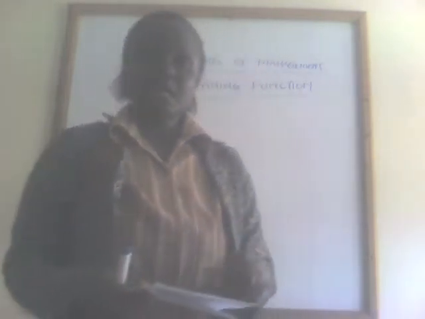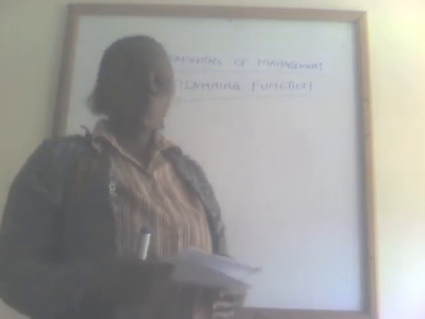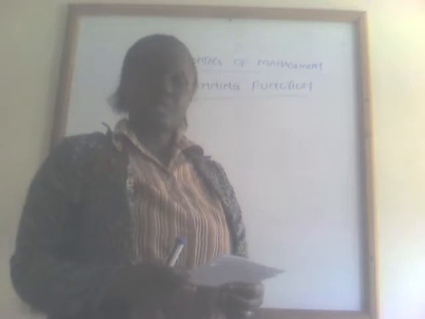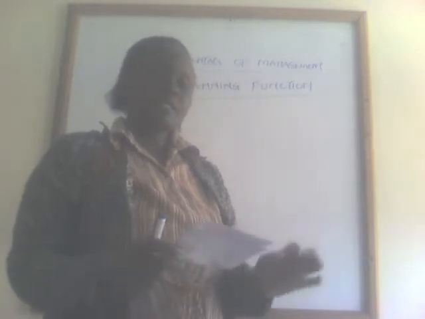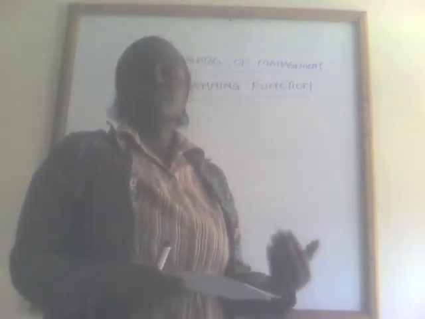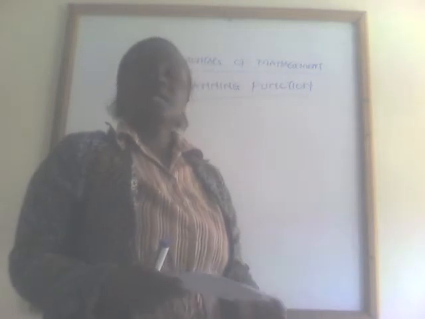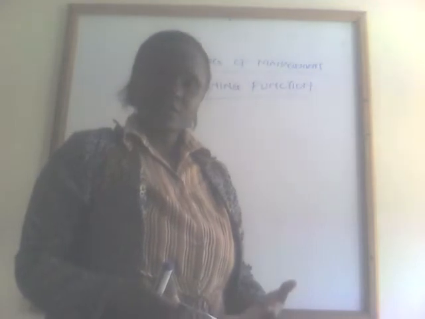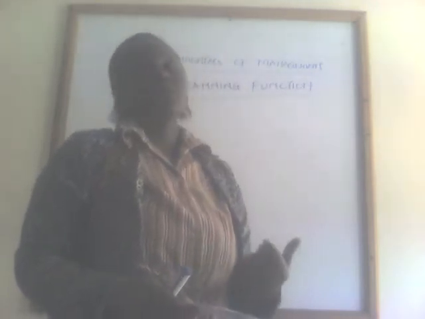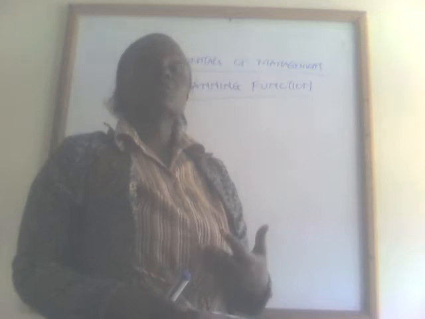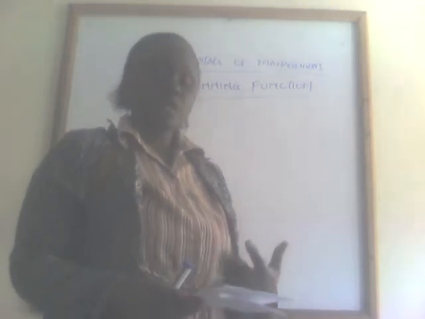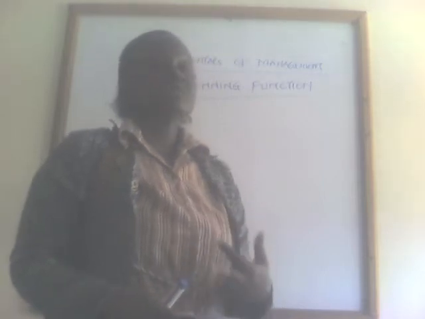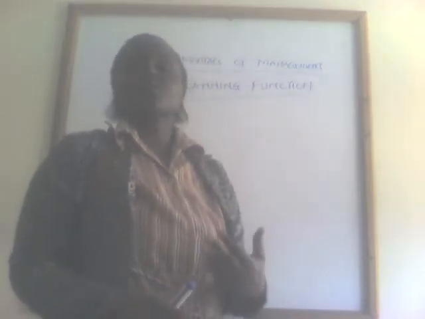So the last step is deciding who will be responsible for the action to achieve the objectives. So we select what objectives to be achieved, decide the actions to be taken, and then decide who is going to be responsible for the actions to achieve the organizational goals and objectives.